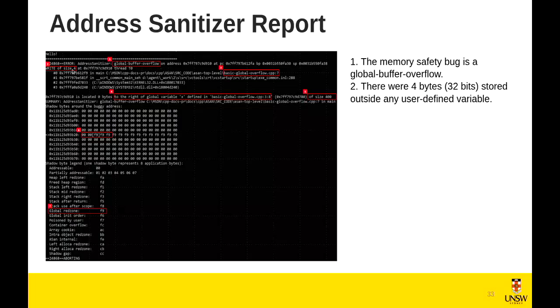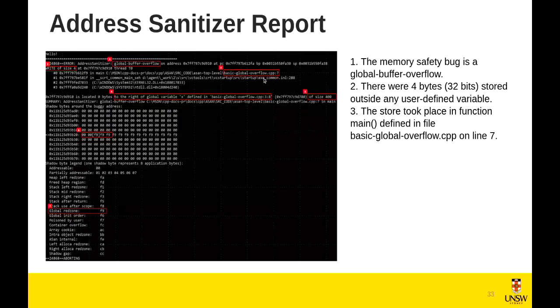The second type of information is more detail about the bug type: we can see that this is a write out of bounds for 4 bytes. And then if we have some debugging or symbol information during compilation, we can also get the exact location of where the bug happens.